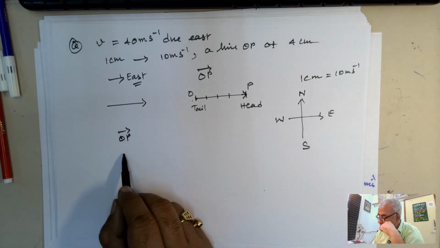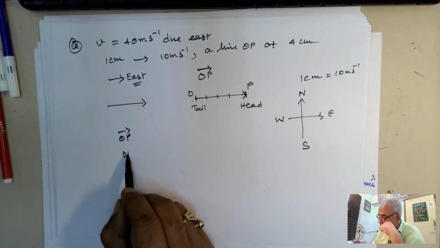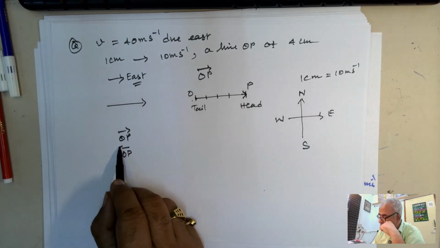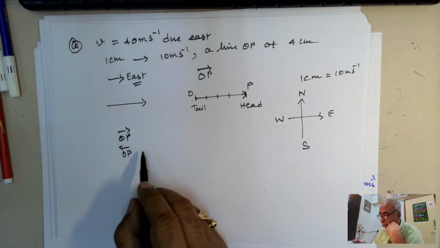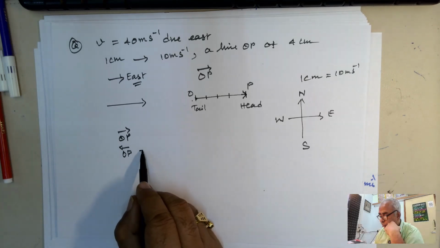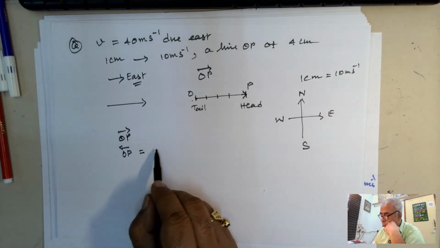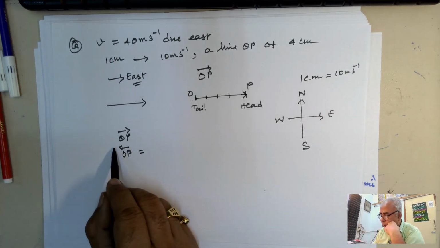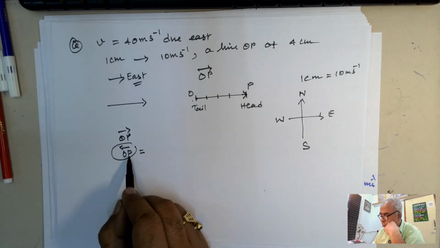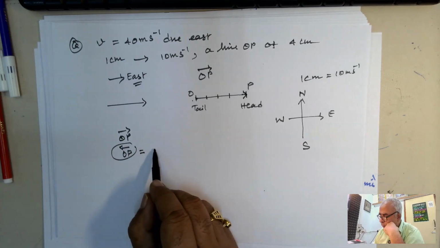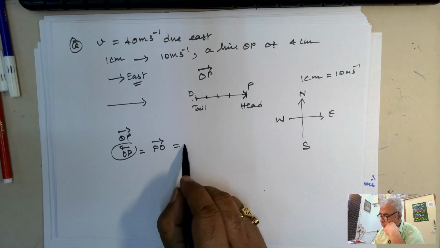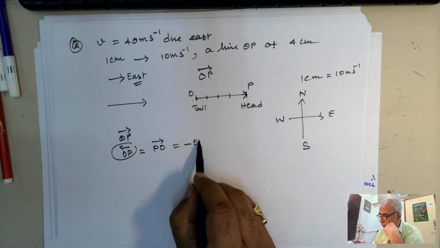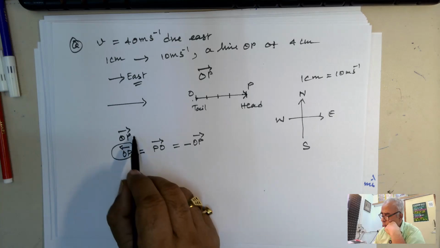What about OP when it is reversed? Can you tell me? That is from P to O, but in the opposite direction. So you cannot put the left-hand side arrow. Instead, you can either write PO, or you can write negative OP. Are you able to understand?